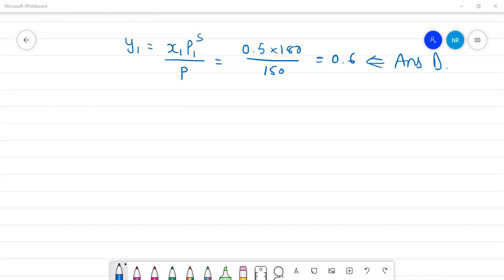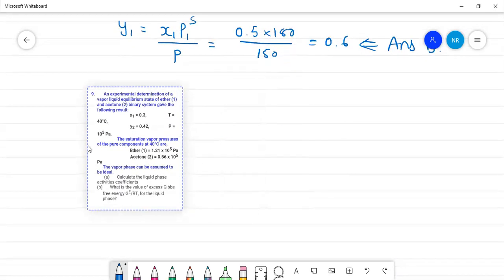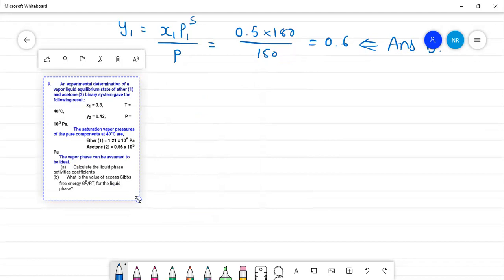I think we calculated it also. Okay, 1994. Okay, this can be done. An experiment, yes, this is the example. It's a very good example.